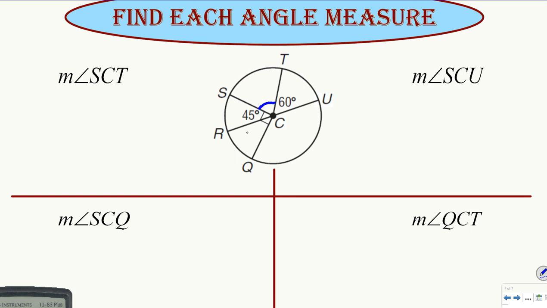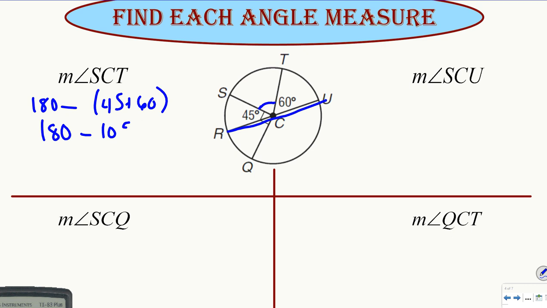There are a couple different ways to do it. The way that I see it initially is we know that RCU is a diameter. So this entire thing is 180 degrees. So I can do 180 minus the 45 and 60. So I can do 180 minus 105, which is 75 degrees.